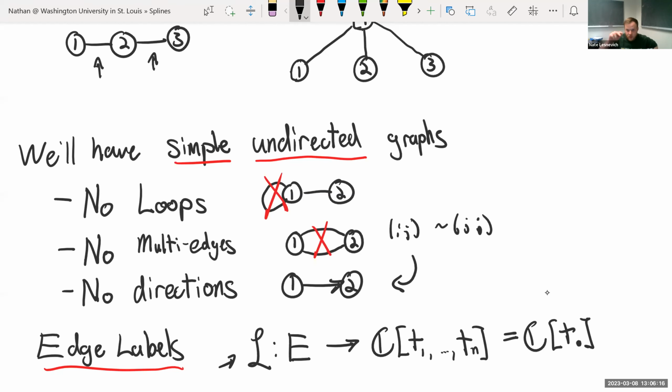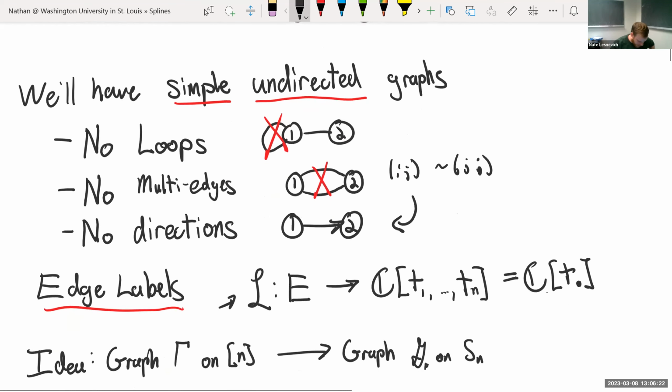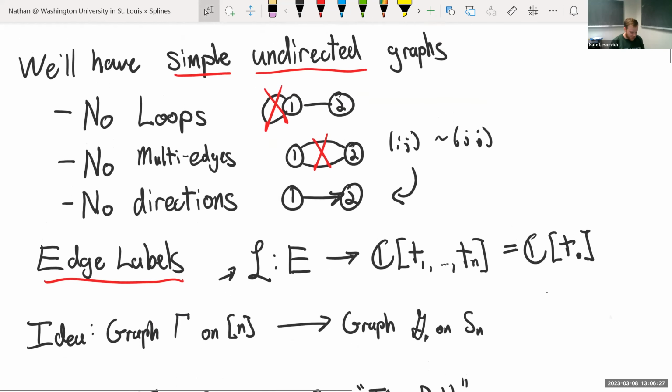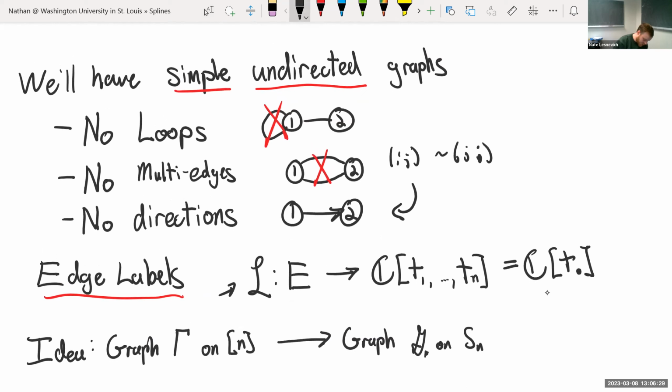My little sub-bullet notation is going to be t_1 through t_n, or 1 through n. And the idea of the construction is we're going to take a graph gamma on the integers 1 through n, and I'll always notate that as gamma. And we're going to construct from it a Cayley graph, script G sub gamma, on the symmetric group.